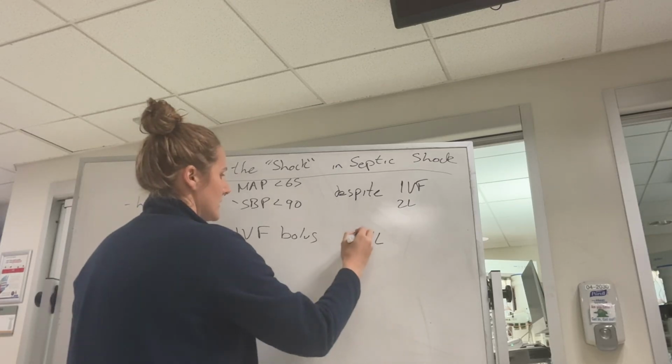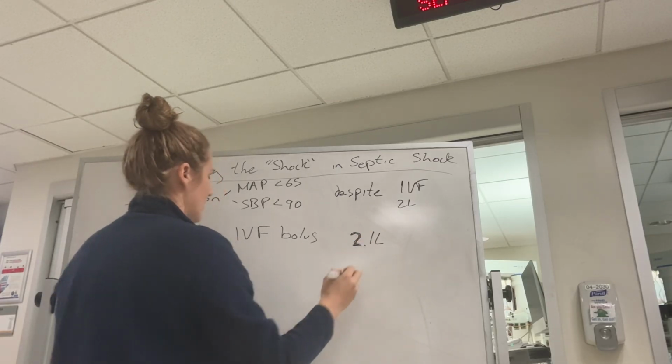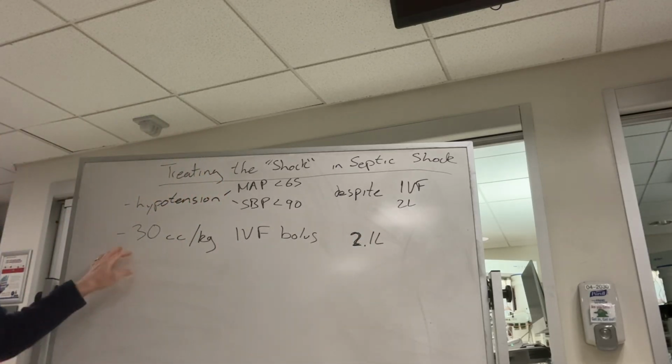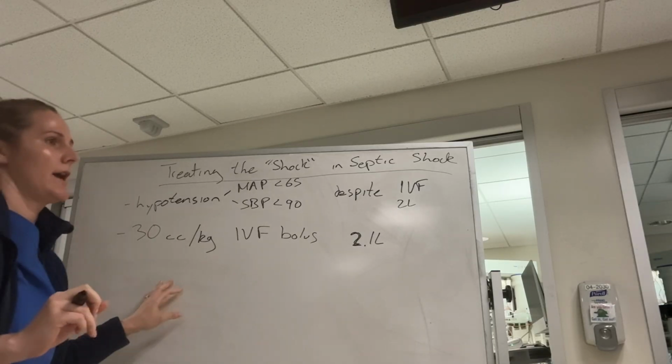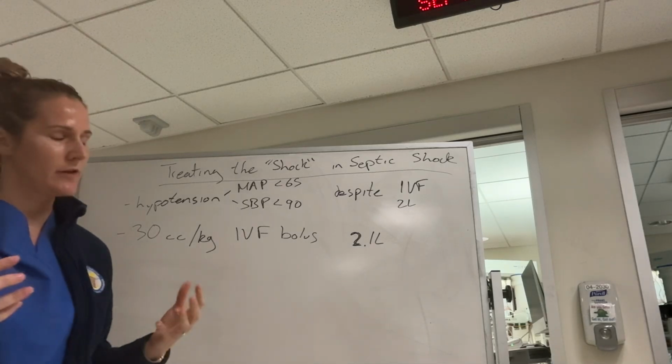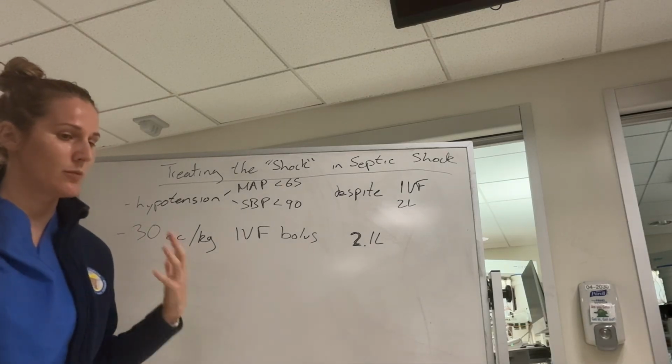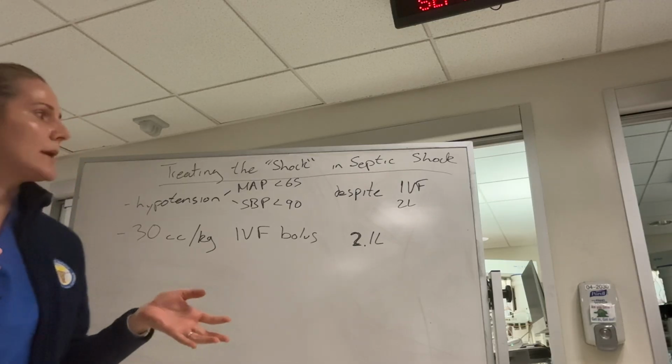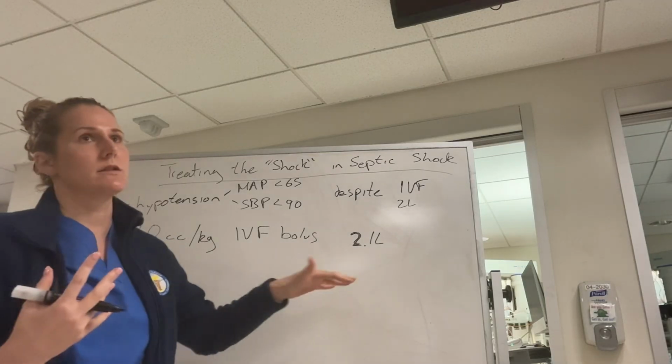And again, sometimes we're able to give this safely to patients and sometimes we're not. If the patient has heart failure or renal or kidney failure and already has a bunch of fluid on them, they probably won't tolerate 2 liters.